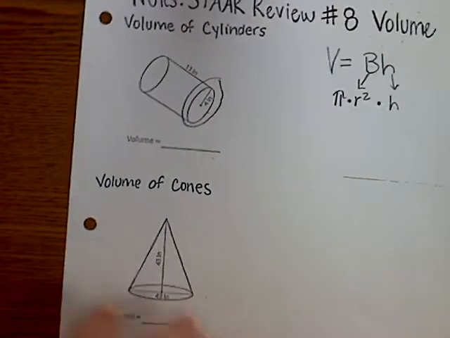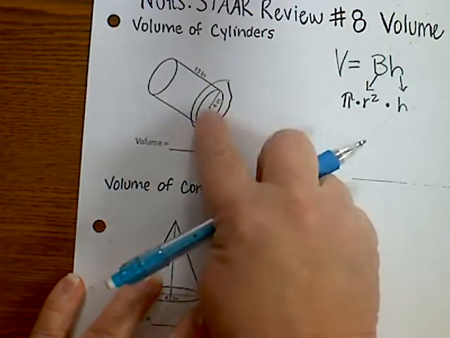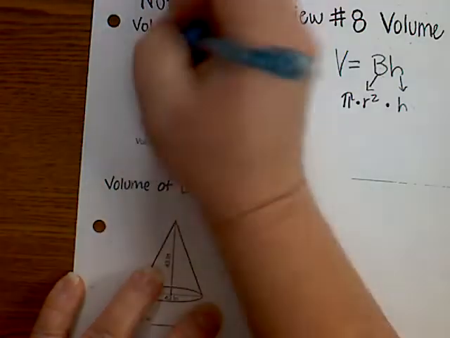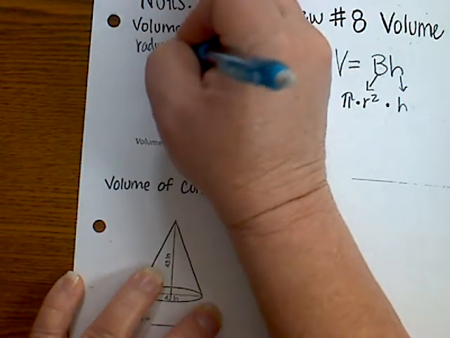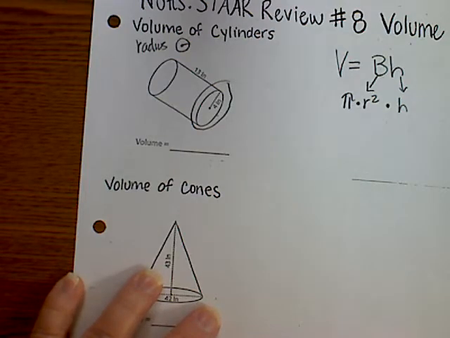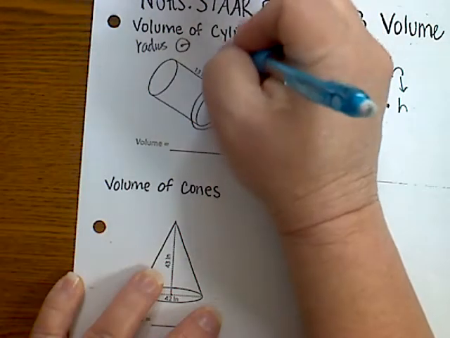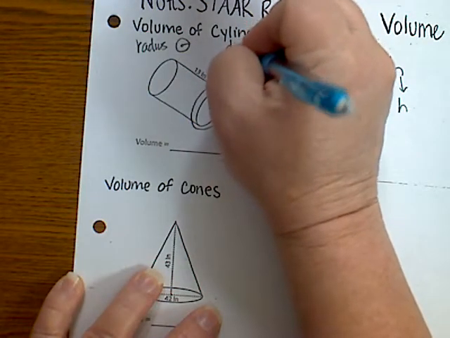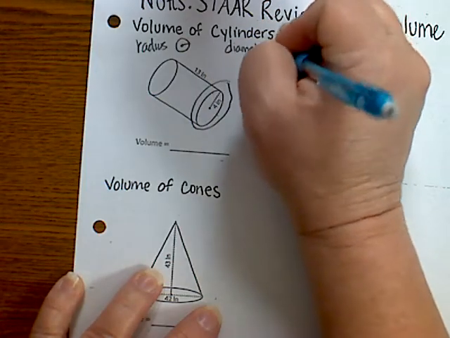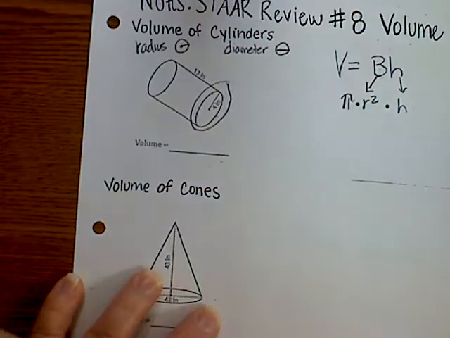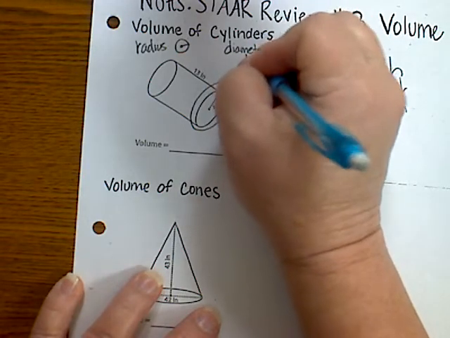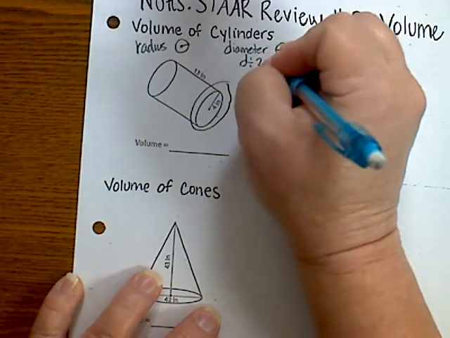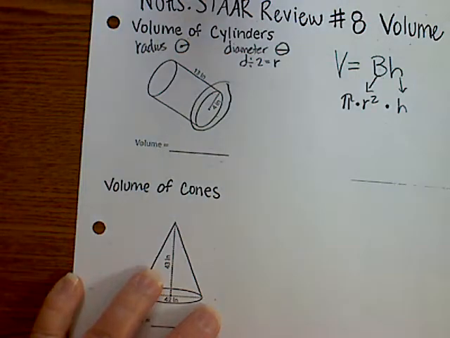Now, we have an R. Remember, a radius is halfway across a circle. And that's what we need, an R. Sometimes they give us a diameter, which is all the way across the circle. If we get a diameter, we need to take D, divide it by 2, and we find R, our radius.